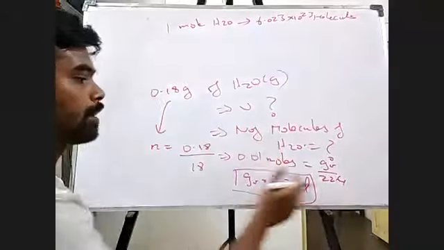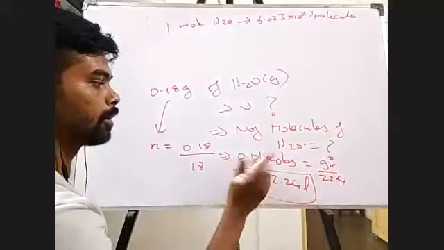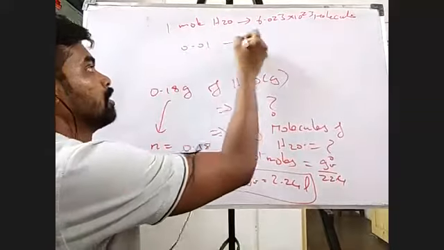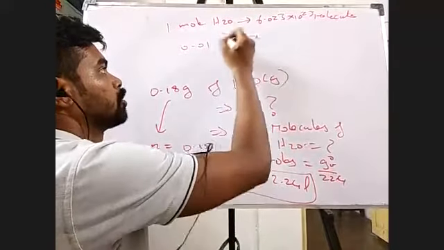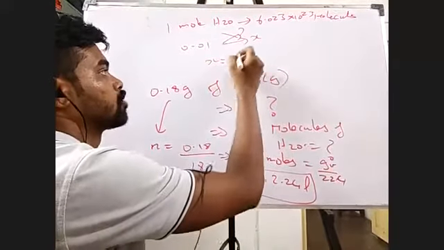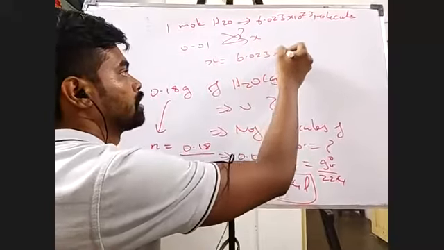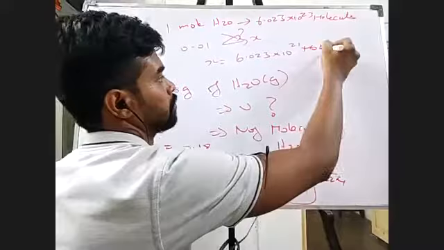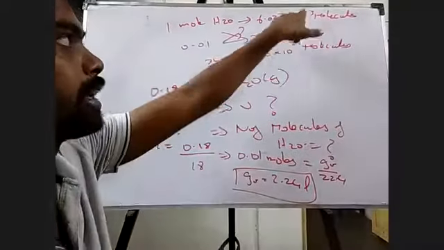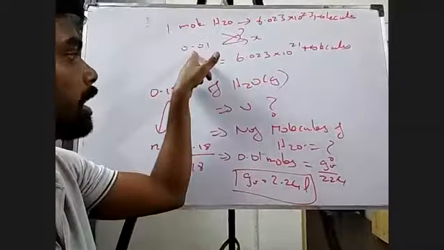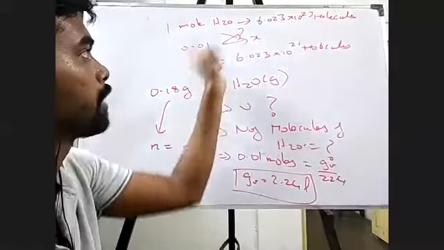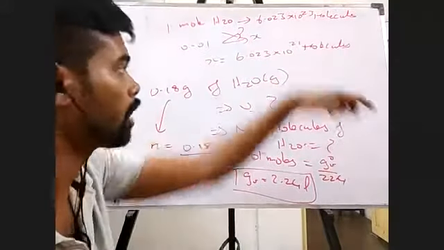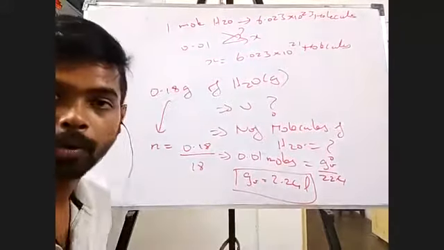So how many moles I have now? 0.01 moles will have X. So if you cross multiply, you will find X to be 6.023 into 10 to the power 21 molecules of H2O. 10 power 23 I have, this is 10 power minus 2. So if you multiply them, you will get 10 power 21 molecules of H2O.